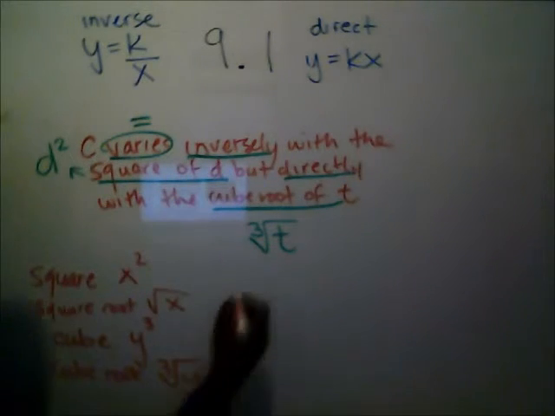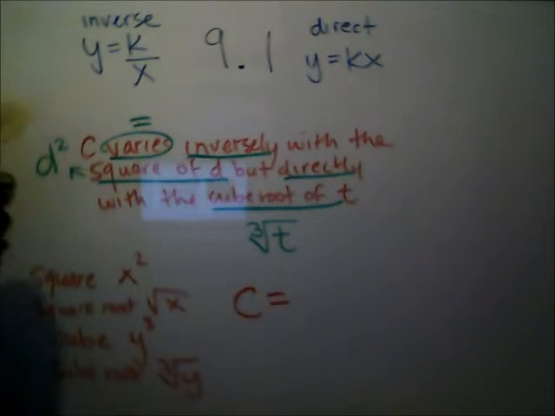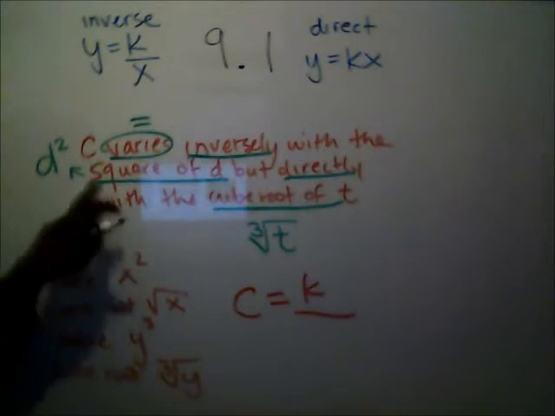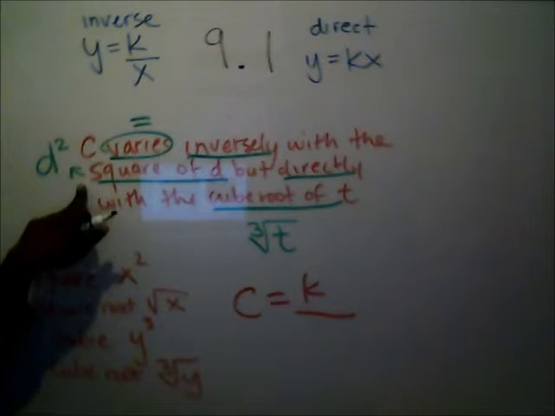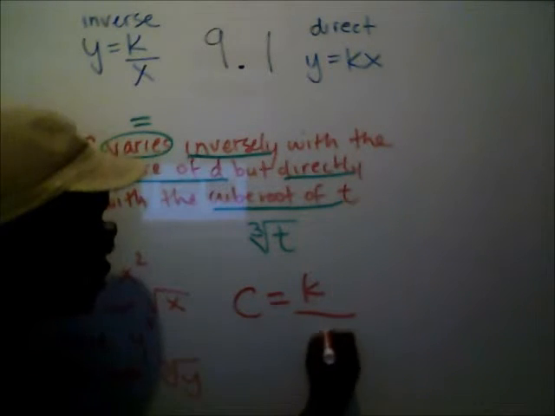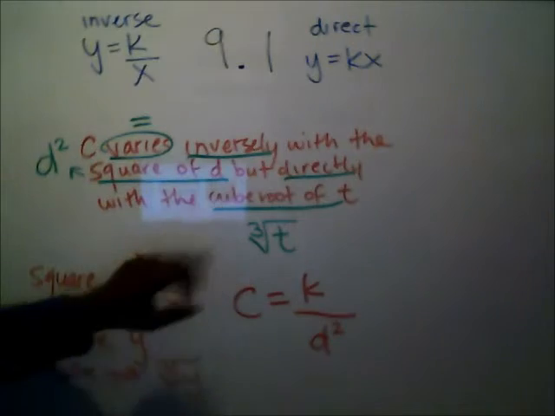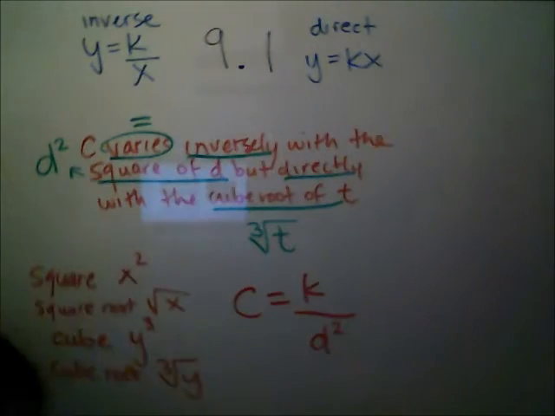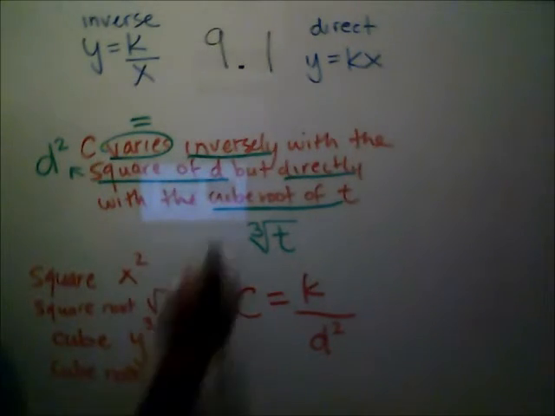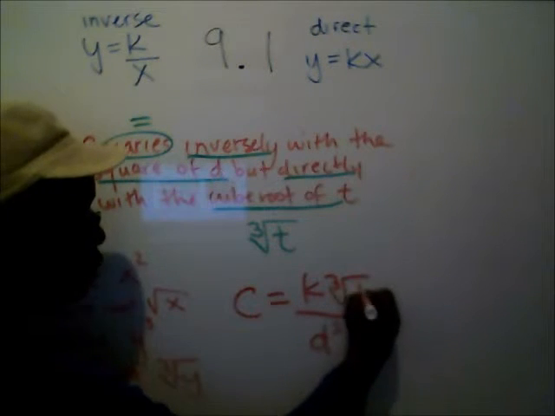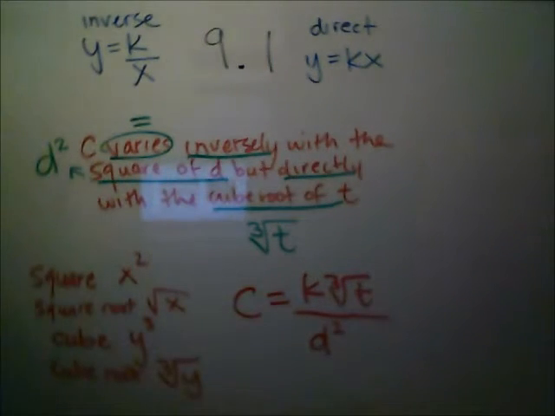Let's start with that part. So it's going to be c equals, it varies inversely, so k over, and it varies inversely with the square of d, so d squared would have to go on the bottom, okay? But it varies directly, and we know if something varies directly, it means we're multiplying them, not dividing. So it varies directly with the cube root of t. So that means the cube root of t gets to be up here being multiplied by the k.